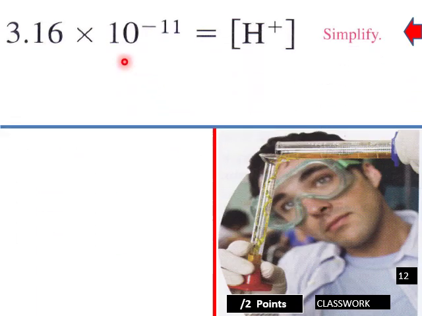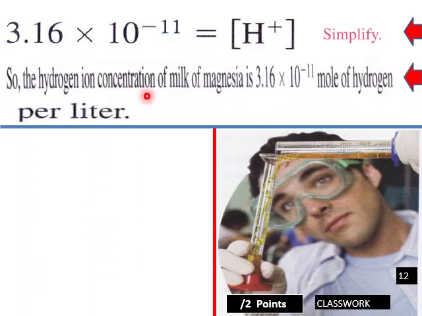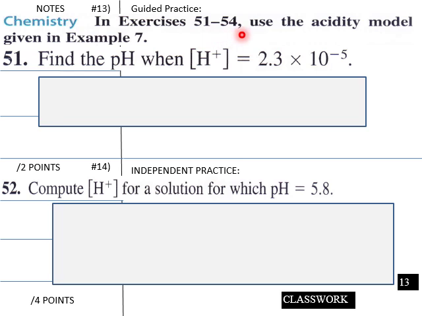Once we do that, we get 3.16 times 10 to the negative 11 equals H+. So the hydrogen ion concentration of milk of magnesia is about 3.16 times 10 to the negative 11 moles of hydrogen per liter, which is a fairly small amount of hydrogen ions per liter. So let's try one here.